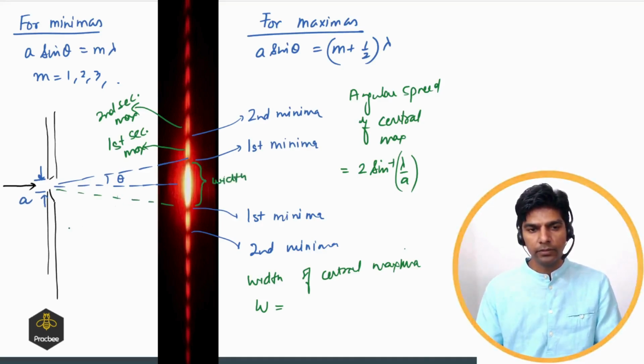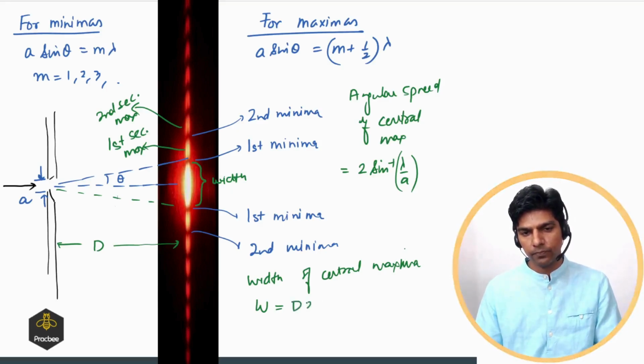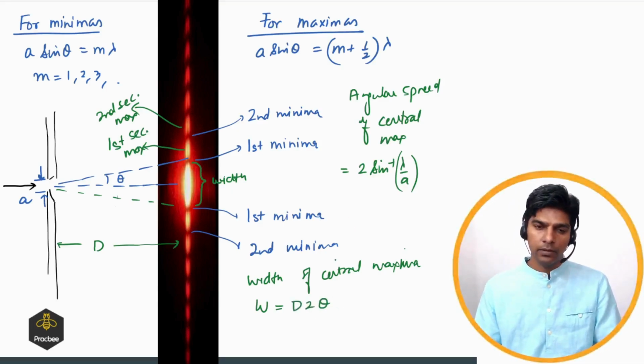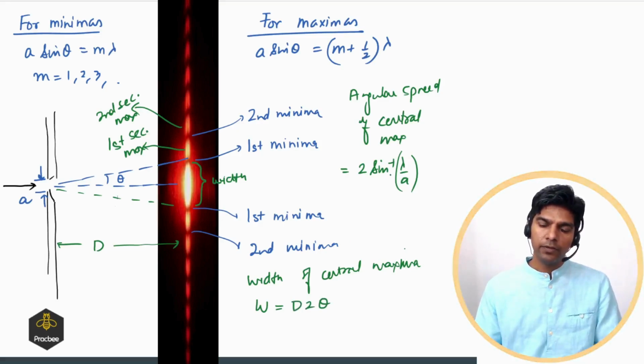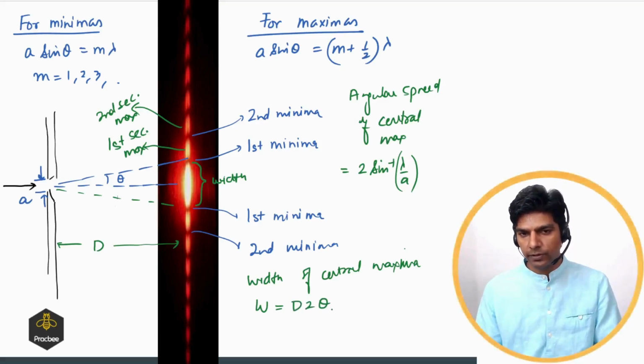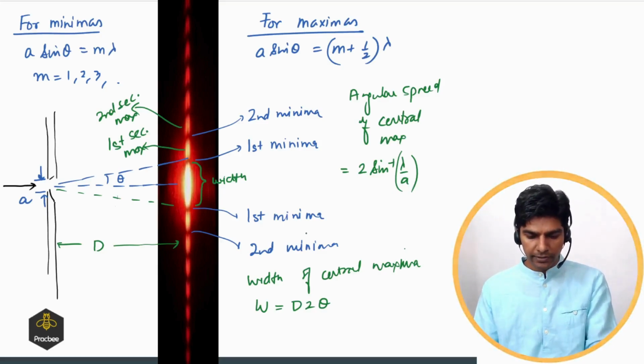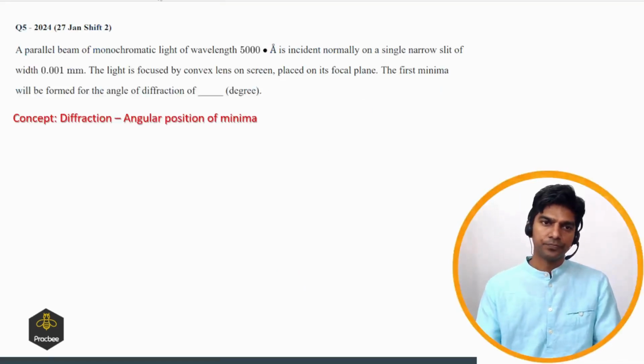If capital D is the distance between the screen and the single slit, then width will be nothing but D times 2 theta, right? And if the angle is very small, if theta is very small, we can write sine inverse lambda by a nearly as lambda by a. Okay, right. So now let us see different problem types.